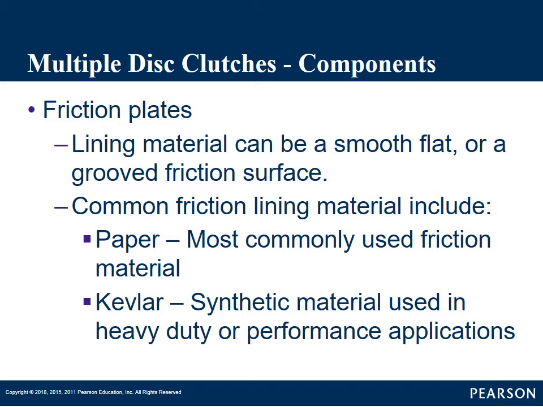Now, this is pretty general when we talk paper, Kevlar, because there's other material that they add to this that changes the friction ability or the holding or grabbing ability of these materials. These would be, you might call, the base.